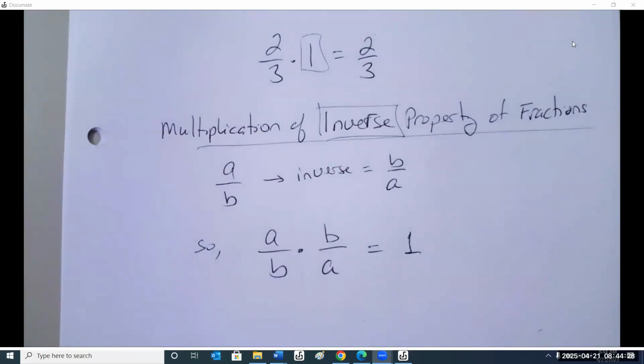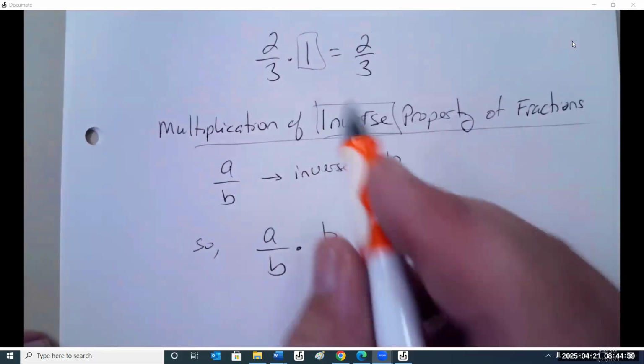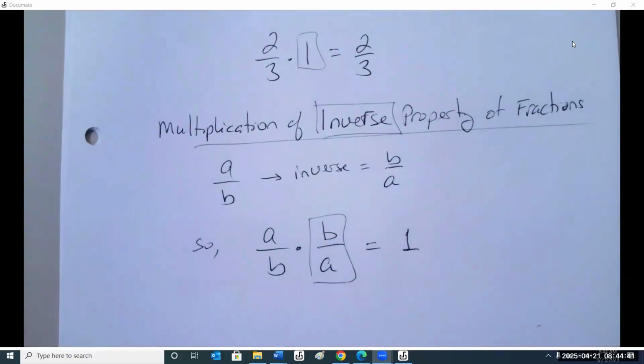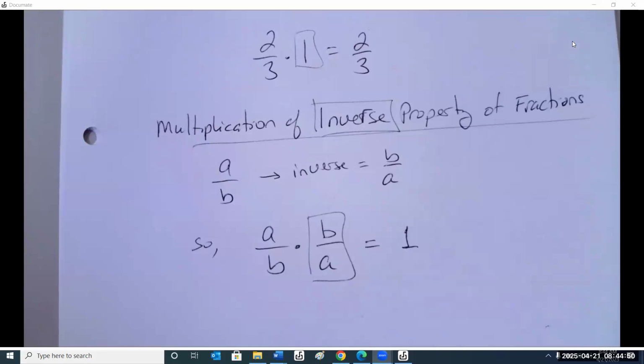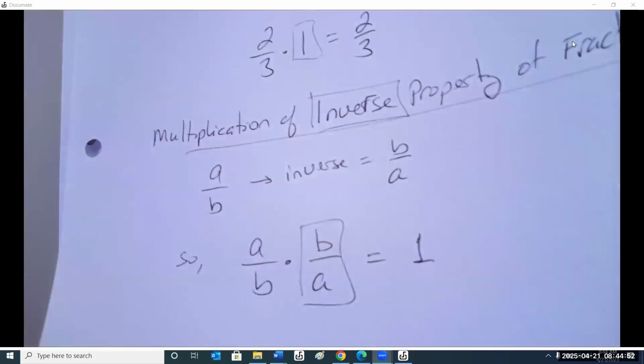Equals the identity. So whenever we say the inverse, to find the inverse, we have to make sure it equals 1. All right, let's look at an example.